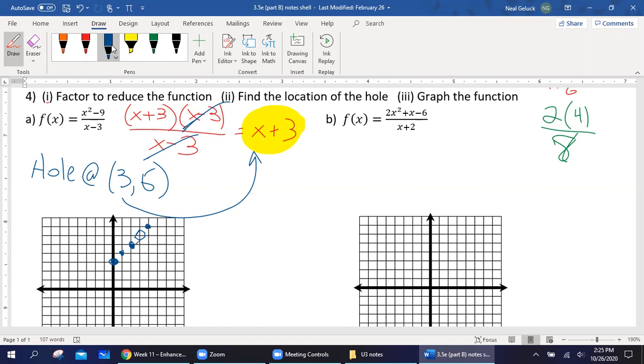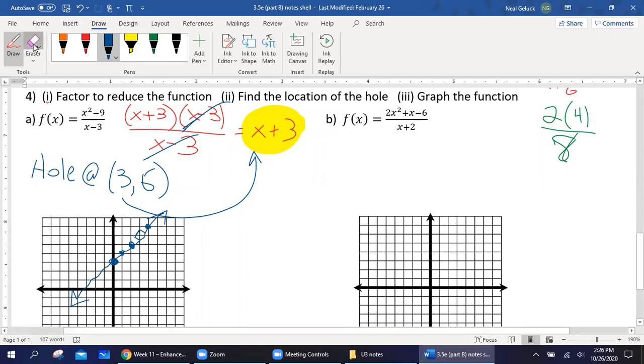So I would just have a line with a slope of 1, but it's not quite a normal line because it has a hole at that single spot. So even though this technically is a rational function, it doesn't have weird asymptote things like we're used to seeing. It just has a line with a missing spot in it.